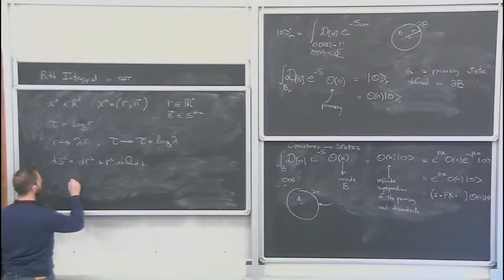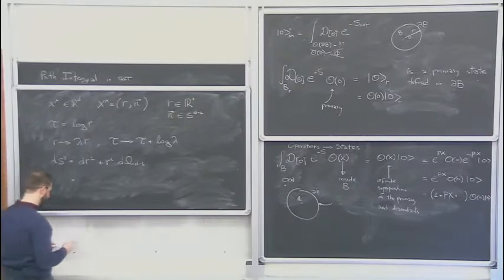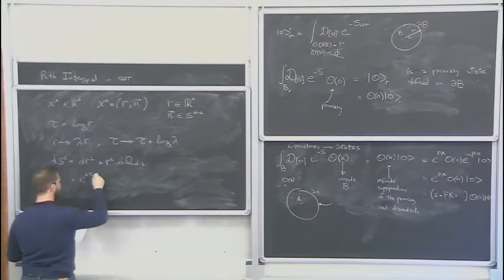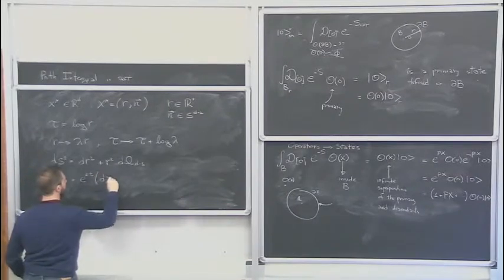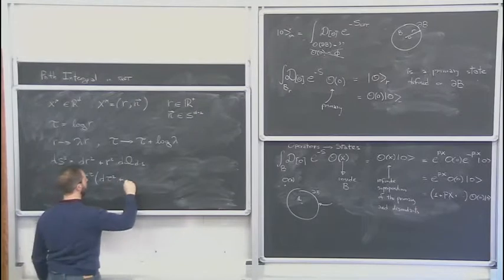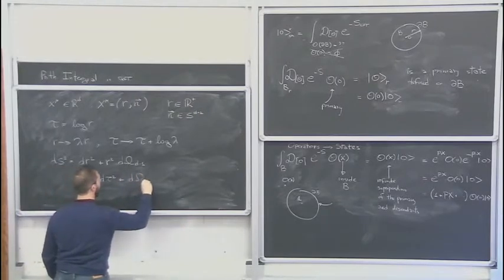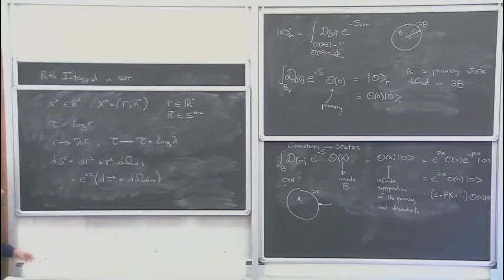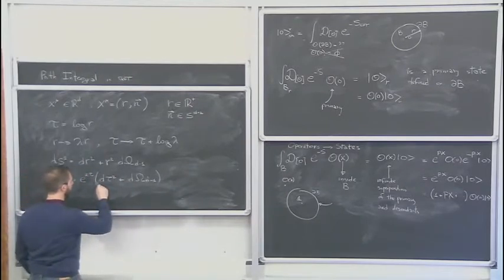Now, when we change variables, this simply becomes e to the 2 tau times (d tau squared plus d omega squared), which is the metric on a cylinder.